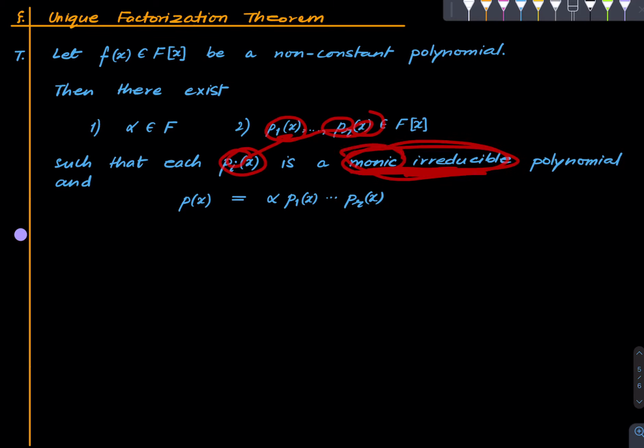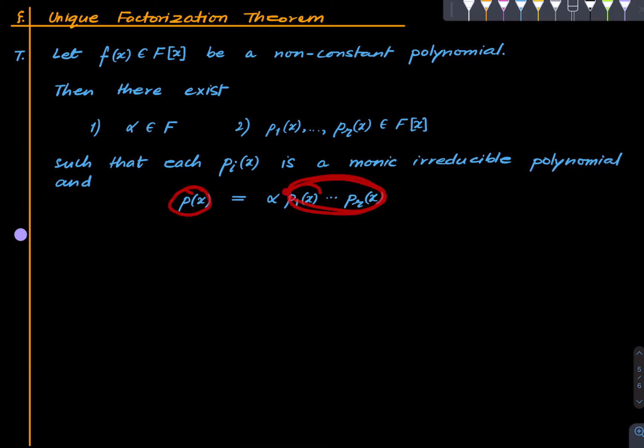A monic polynomial is a polynomial whose leading term is 1, right? Such that f(x) is a product of all these monic irreducibles along with a scalar. So basically the leading term of f(x) is alpha, and that is what is appearing here.